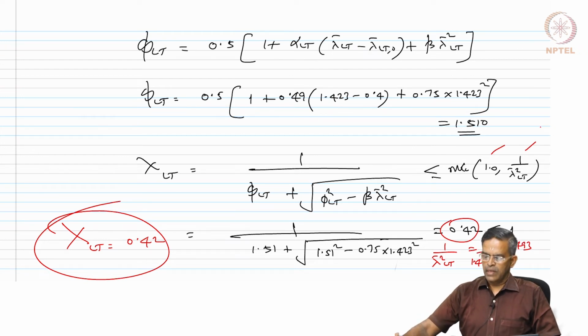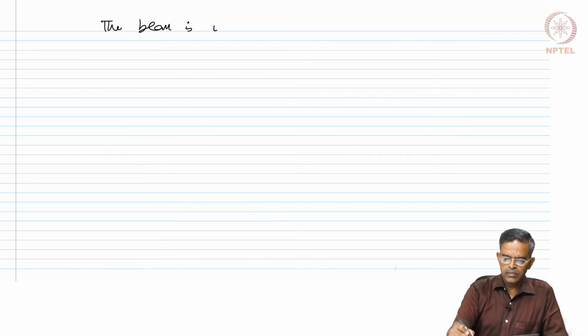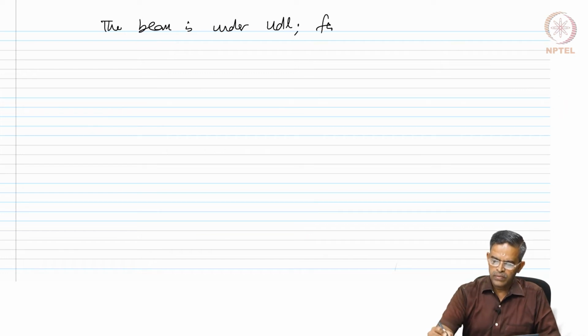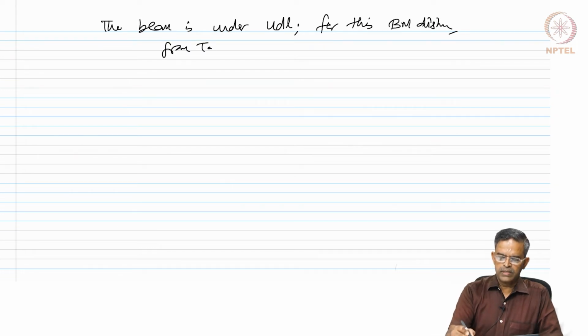Now, we have the beam under uniform distributed load. So, for this load distribution, or specifically for this bending moment distribution, from the table which we discussed in the last lecture, I can find Kc as 0.94.